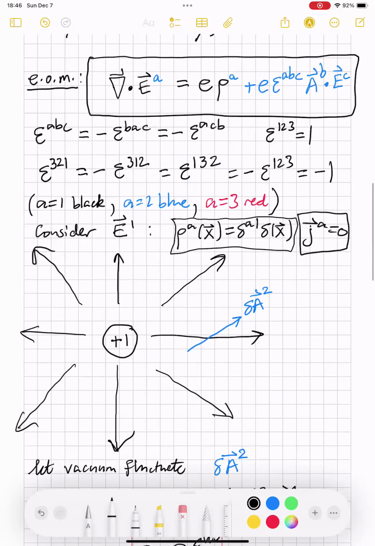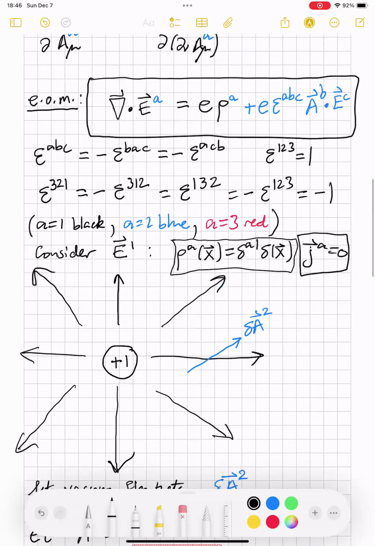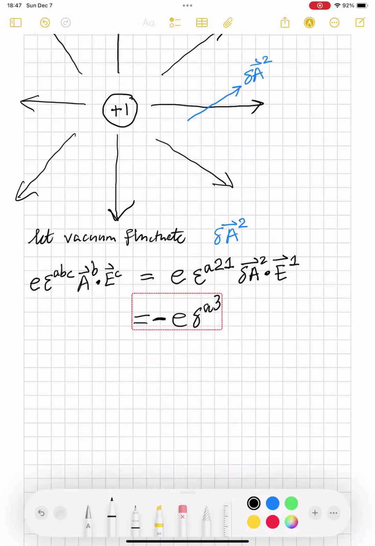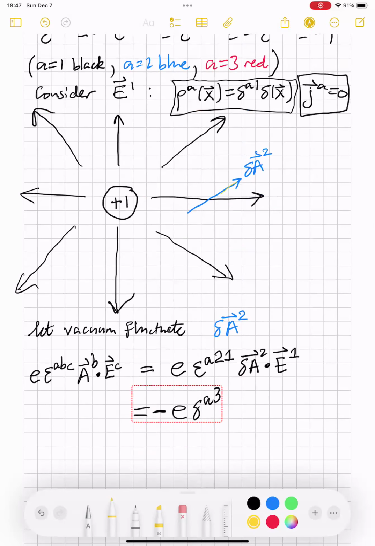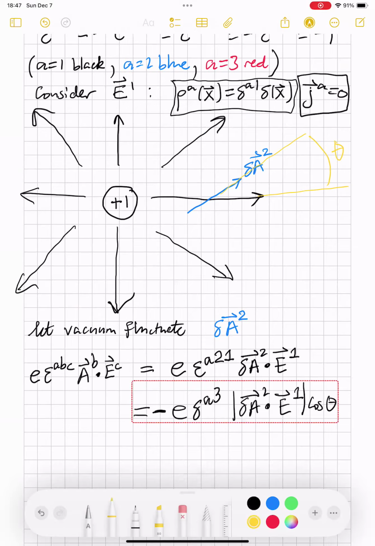And then let's imagine that the angle between this potential and this electric field over here, let's call it theta, is less than 90. So we will have a mod of delta A2 dotted into E1, and a cosine of theta. Because theta is less than 90, this cosine theta will be positive, and we know this magnitude will be positive.